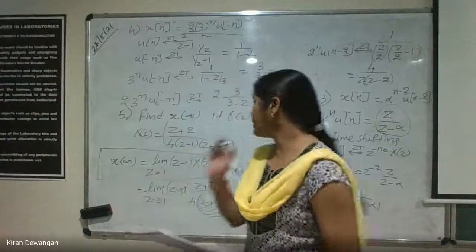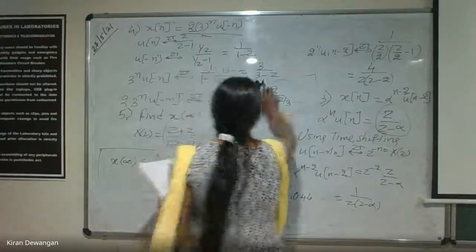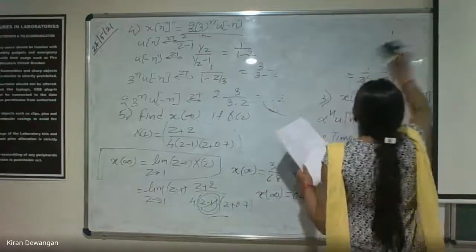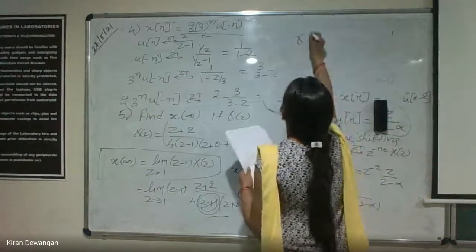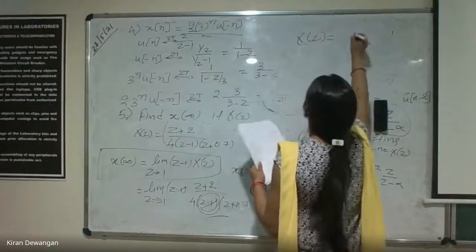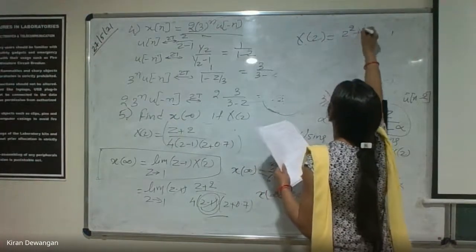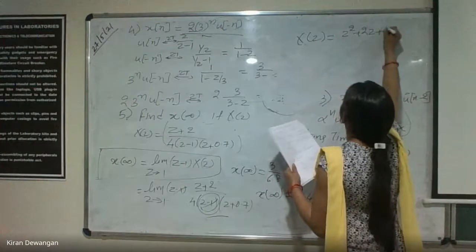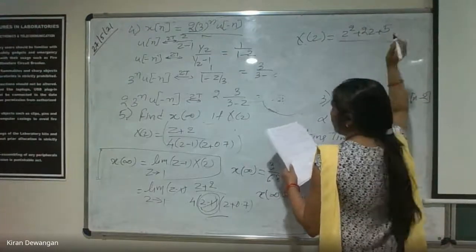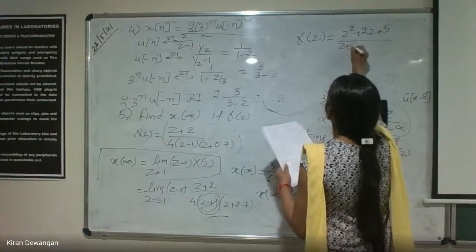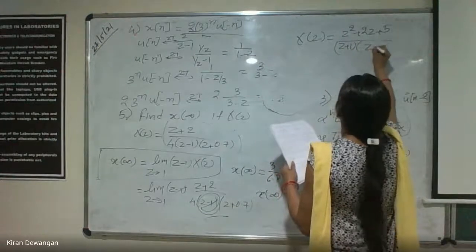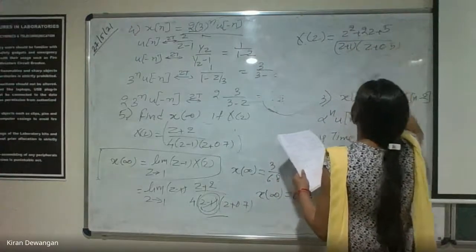For example, suppose I am having x of z as z square plus 2z plus 5 by z plus 1 into z plus 0.5.